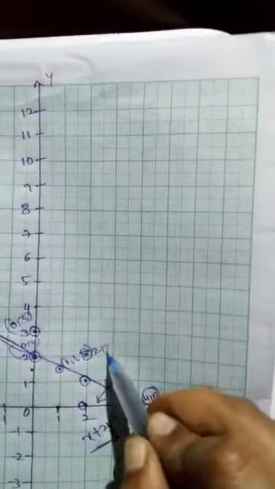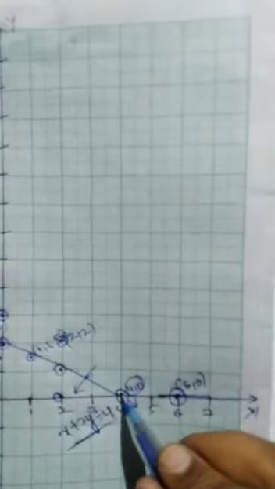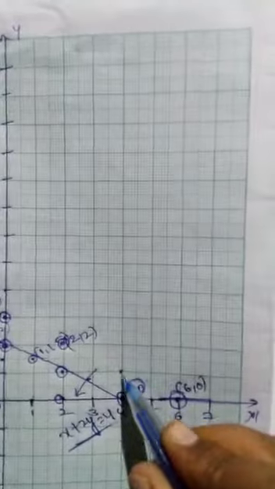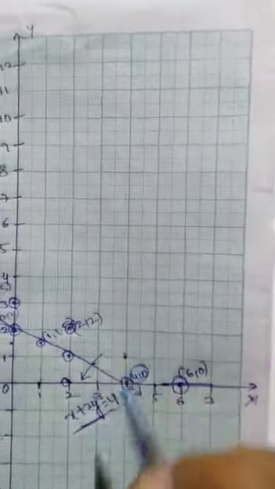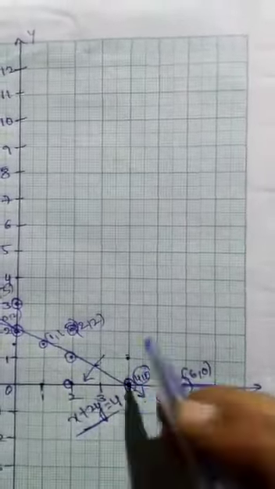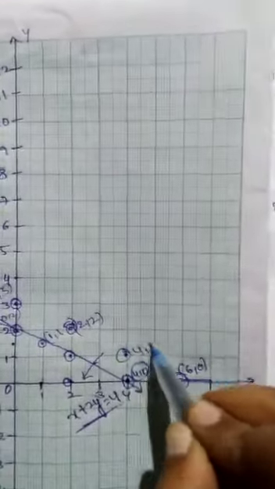This point is (2, 2). Next point (4, 1): 4 on the x-axis and 1 on the y-axis.